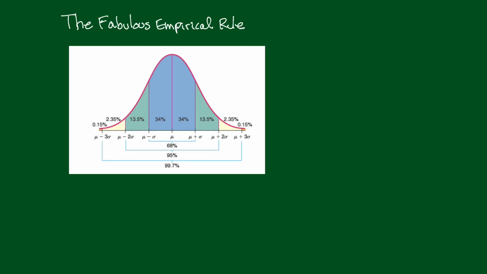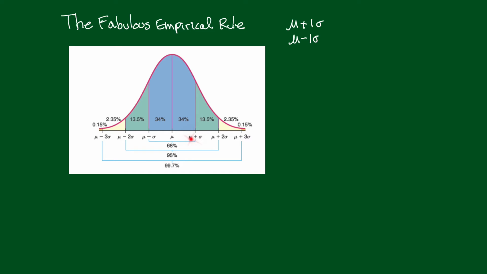Now, we've used that formula to find some of these areas, and this is called the empirical rule. Here's what it says. If you find the mean, now if you go out one standard deviation to the left and one to the right, you see that notation? Let's just talk about that. You start at the mean and you add one standard deviation, or you find the mean and you subtract one standard deviation. If you add one standard deviation, you're right here.